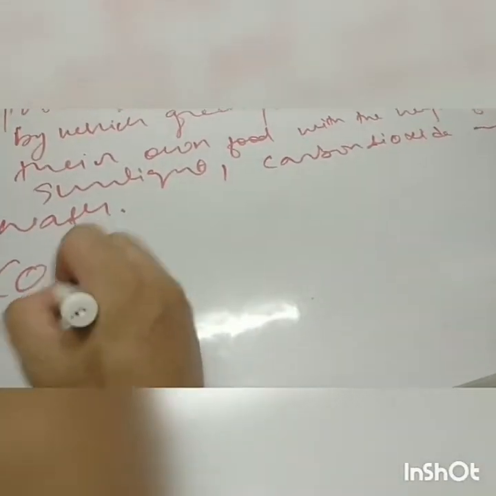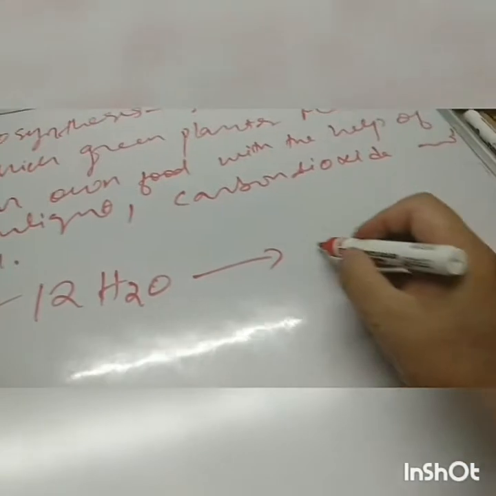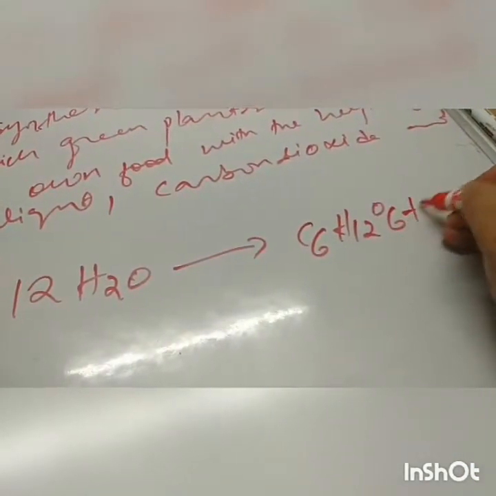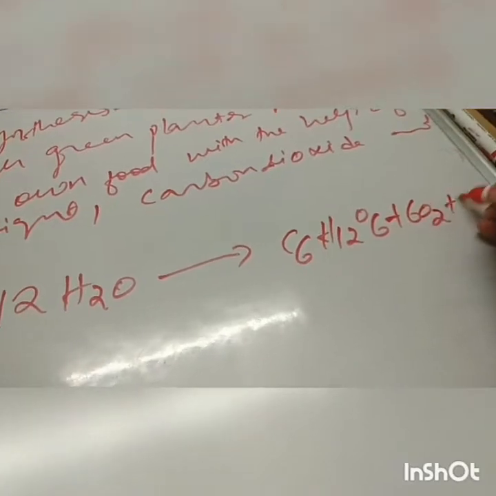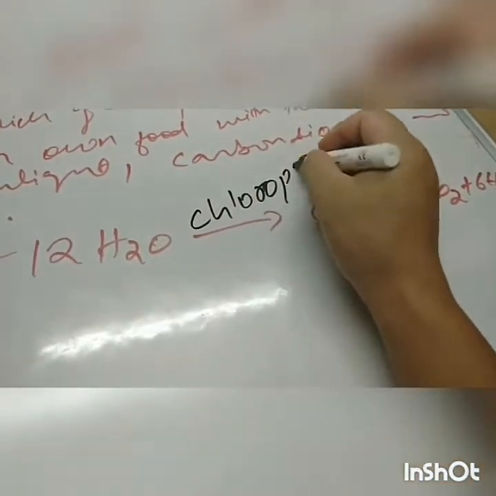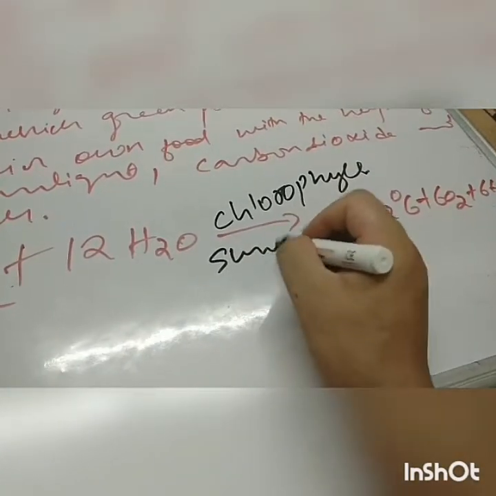6CO2 plus 12H2O gives C6H12O6 plus 6O2 plus 6H2O. Right. And the site where photosynthesis takes place is the chlorophyll, in the presence of sunlight.